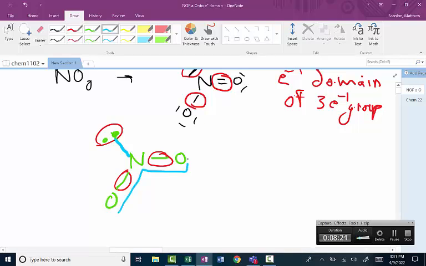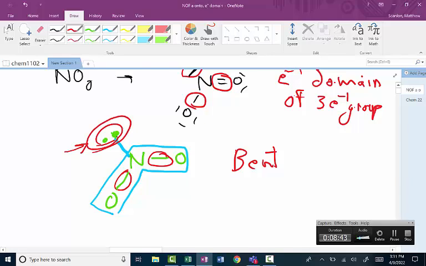So the shape is going to look like this, and we have a special name for that. It's called bent. Remember, we do not name these electrons up here in the shape name, but they help determine the shape. So it's bent, and the bond angle equals 120.